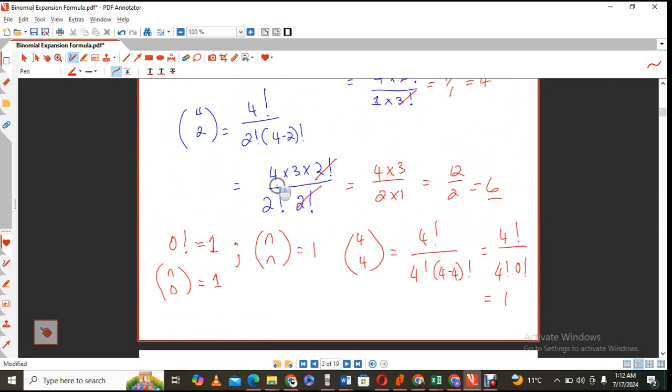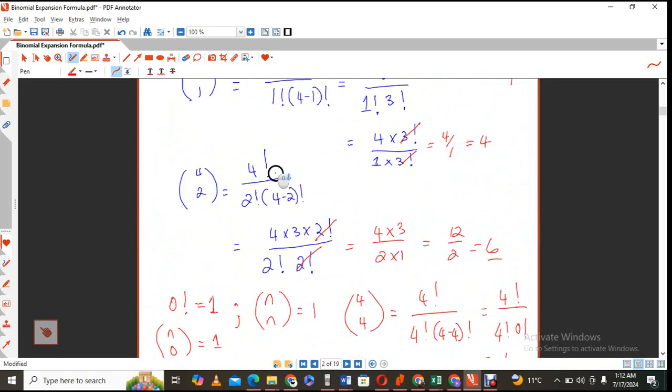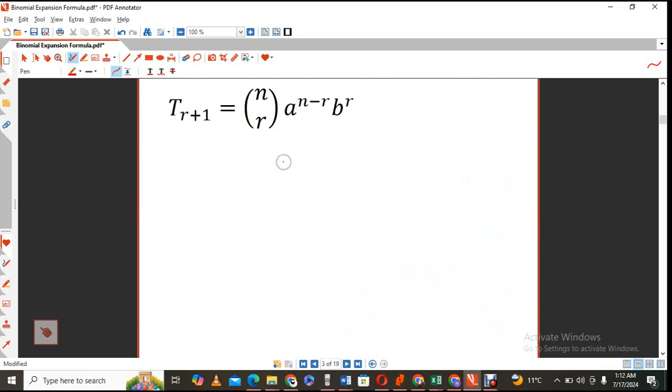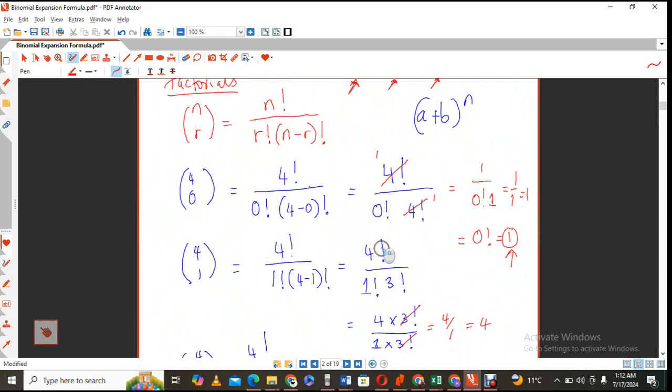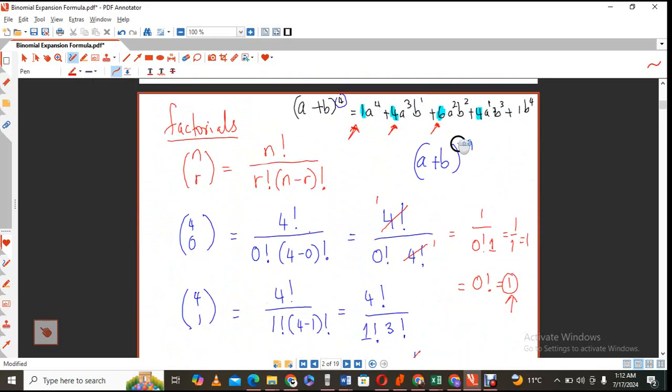All right, so let's just bring down this other formula again, or this expansion of a plus b raised to the power 4, where we had no need to write the a, by the way. So this was a to the power 4 plus, you can still remember, our coefficient became 4 and then 6 and 4.